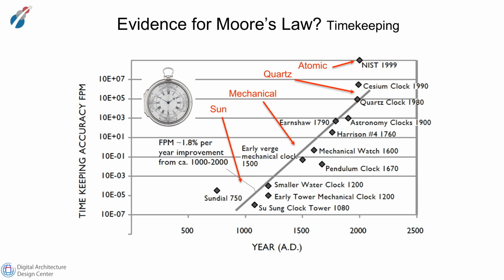We went from sundials to mechanical clocks, to quartz clocks, to atomic clocks, and now we're discussing, in fact, implementing quantum clocks, which are even more accurate than atomic clocks. So I think I'm going to have to update this chart. So timekeeping has improved about 1.8% over the last 1,000 years.